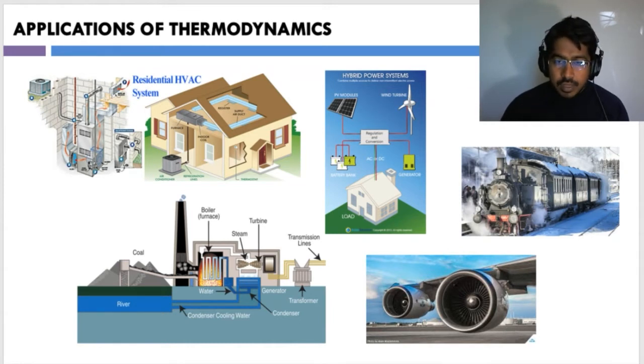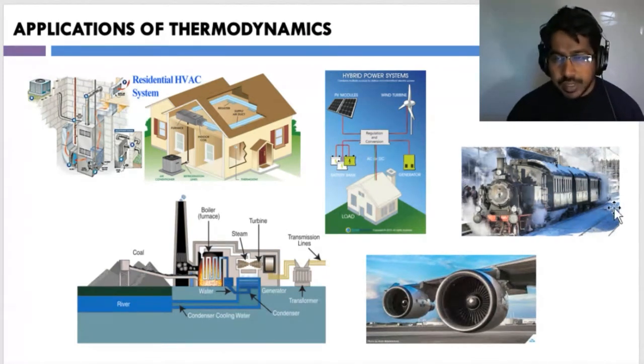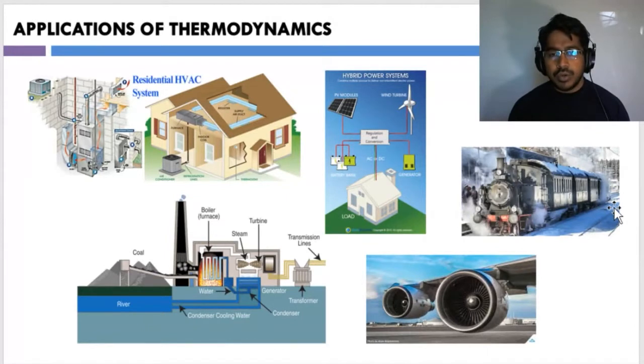And the right hand side, the train that you see, has a steam engine, and we don't use these much at present, but it was very popular back in the day. So in a steam engine we can use thermodynamics to evaluate the performance, efficiencies, and the condition of steam and steam water mixtures coming in and going out, right?